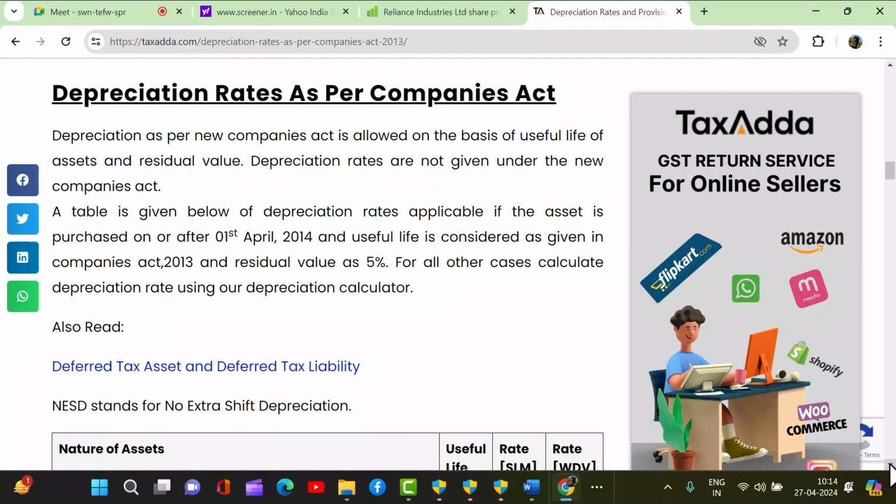Depreciation rates are not given under the new Companies Act. A table is given below of depreciation rates applicable if the asset is purchased on and after 1st April 2014, and useful life is considered as given in Companies Act 2013, and residual value as 5%. For all other cases, calculate depreciation rate using our depreciation calculator.